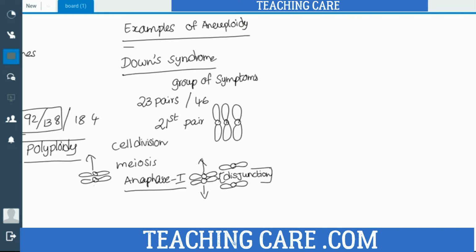Chromosome separate means one chromosome will go to one end, other chromosome will go to the other end. This is the normal process which happens.